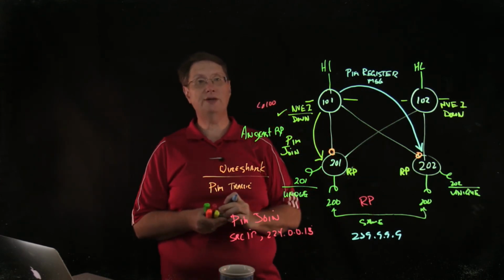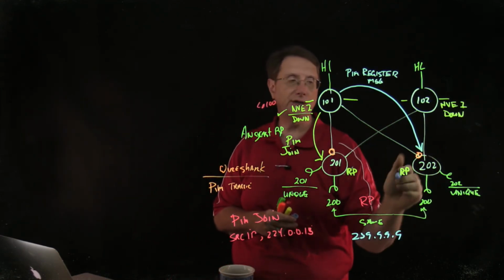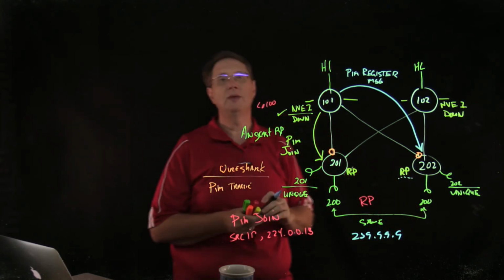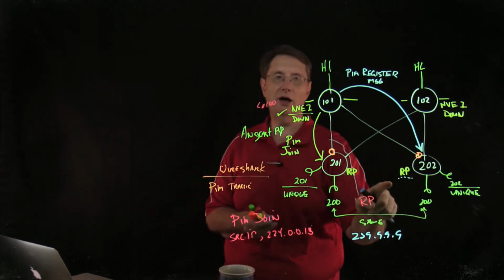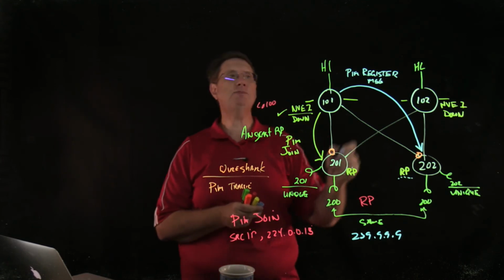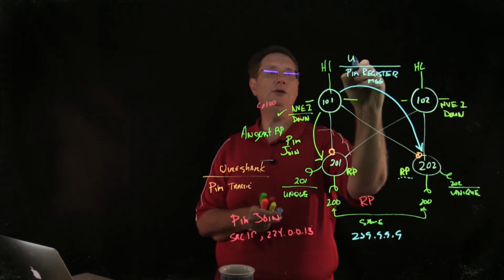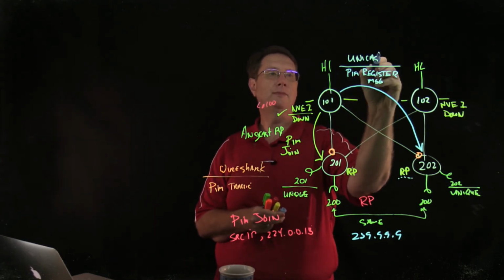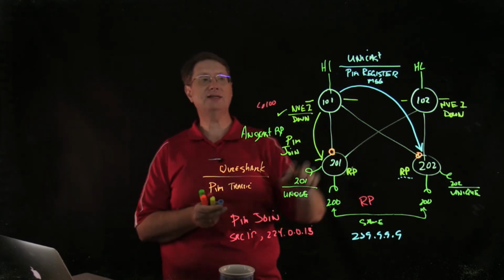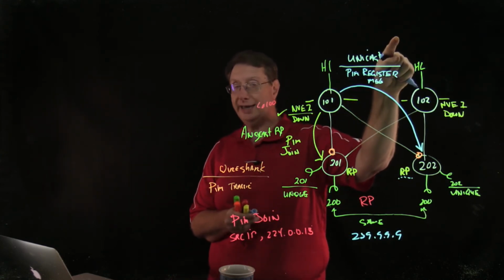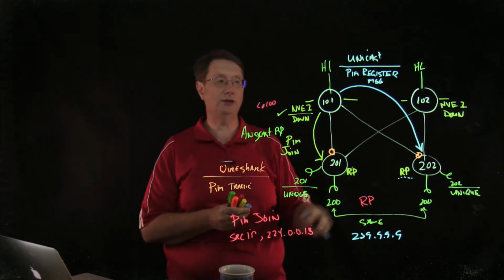So it's trying to join the fabric. And in this specific case, it should go to the other rendezvous point, because this PIM register is actually a unicast. So the multicast is going to be re-encapsulated in unicast and sent directly to another switch.